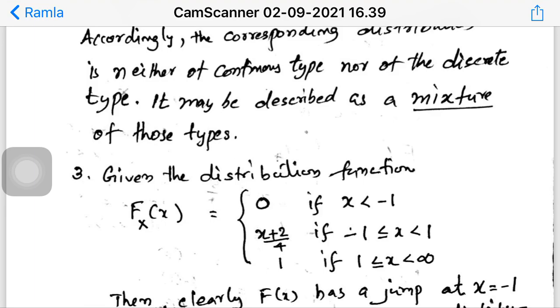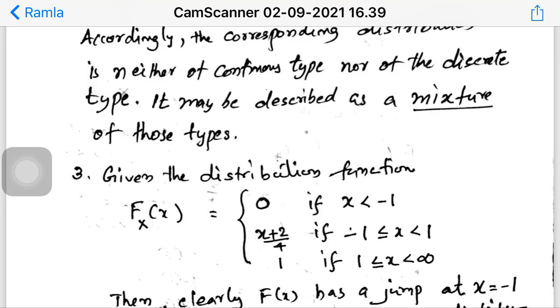And what is the value of f of x at minus 1 minus some epsilon? It is equal to 0. That means at x equal to minus 1 it has a jump. Up to minus 1, f of x is 0.